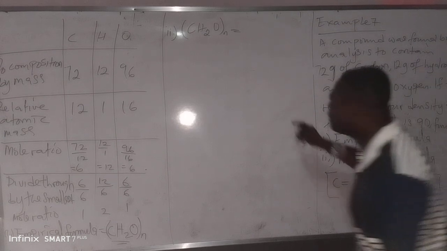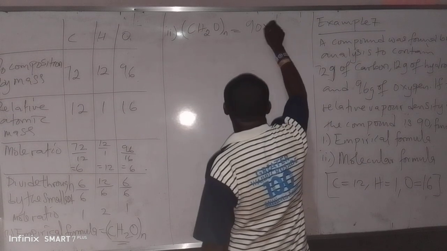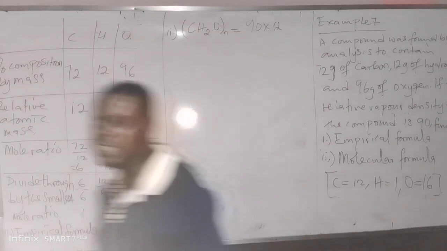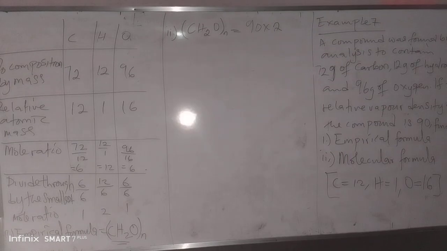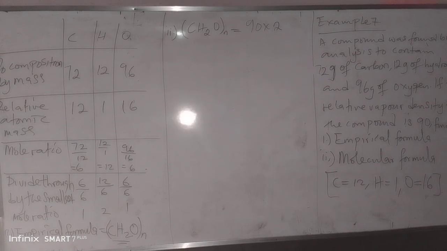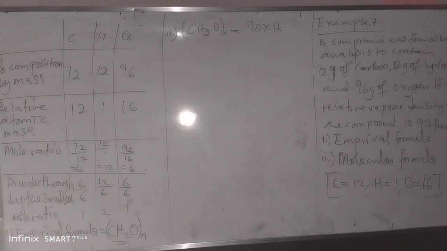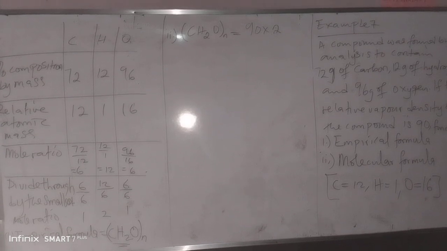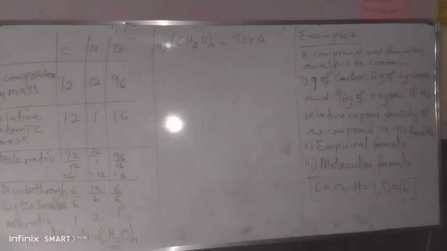If they give us vapor density, we multiply the vapor density by 2 before we use it, because vapor density is half of the relative molecular mass. So take note of that.